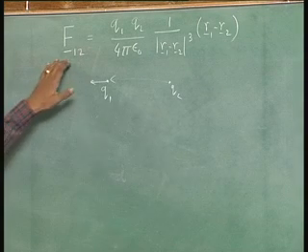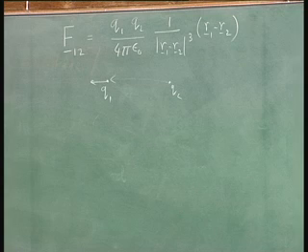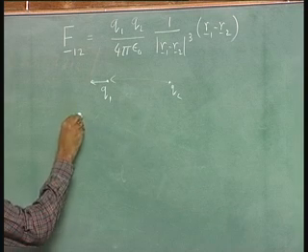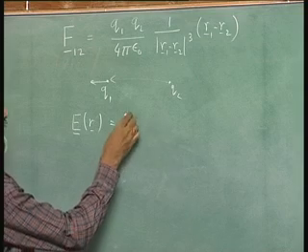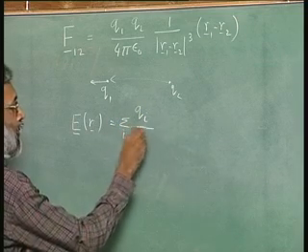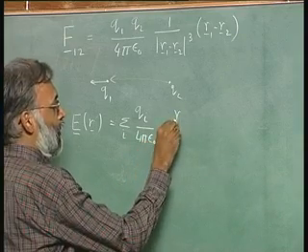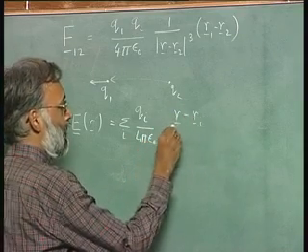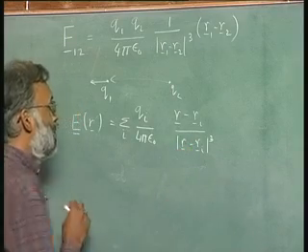From this force, which was experimentally measured, this is Coulomb's law, we obtained the concept of electric field, and we define that as the sum over i of qi over 4 pi epsilon naught, r minus ri over mod r minus ri cubed.